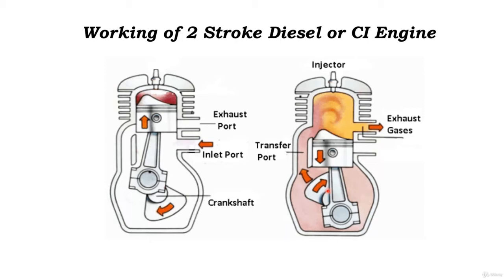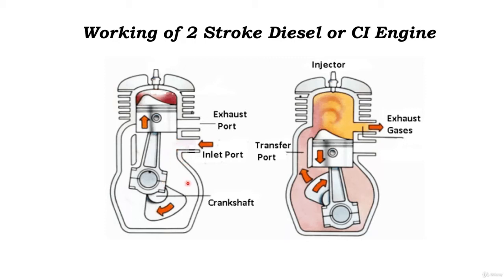At the beginning of the first stroke, the piston is at TDC, that is top dead center, as shown in the figure, and you can see that in this position of the piston the inlet port is open and air gets into the crankcase.